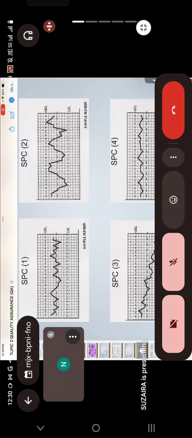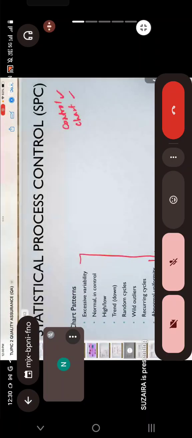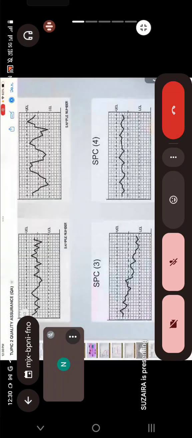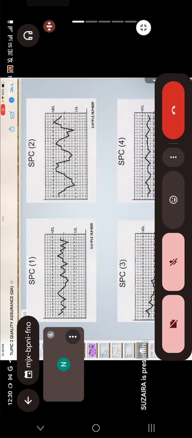So let's say we go for SPC number 1. What kind of trend is SPC number 1? If you look at the first one, SPC number 1, this is more towards a normal trend, right?